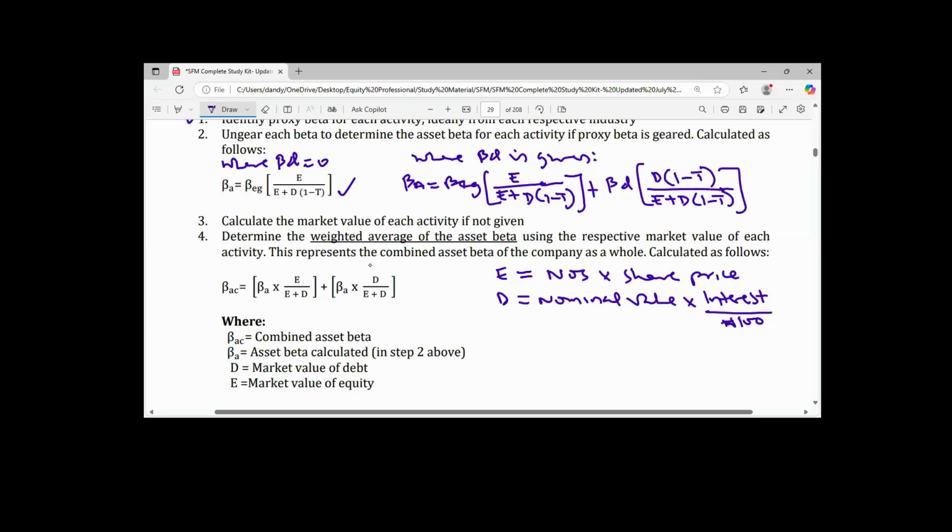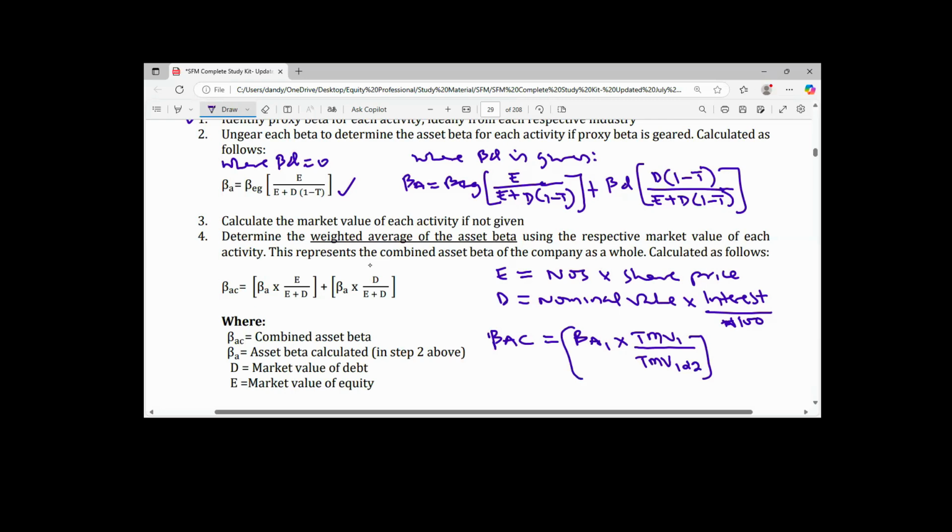So to get the asset beta of the combined, it will be calculated as asset beta of the first activity multiplied by total market value of equity and debt of the first activity divided by total market value of equity and debt of the first and then second activity.